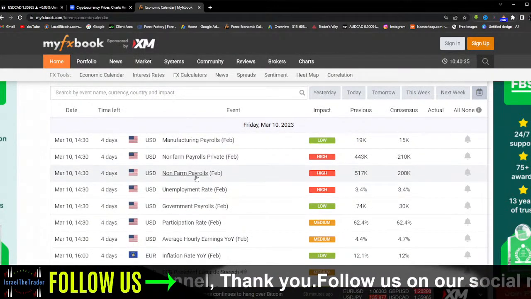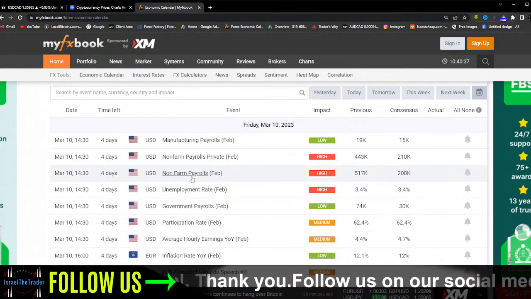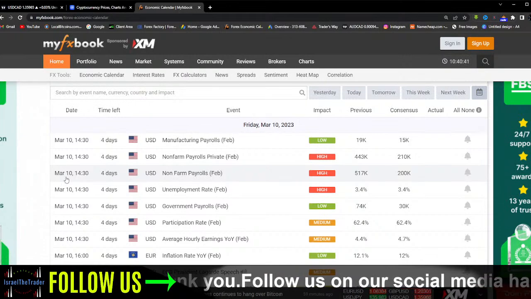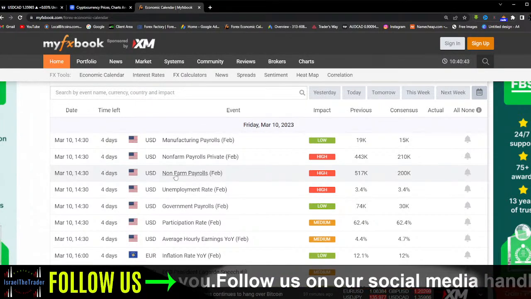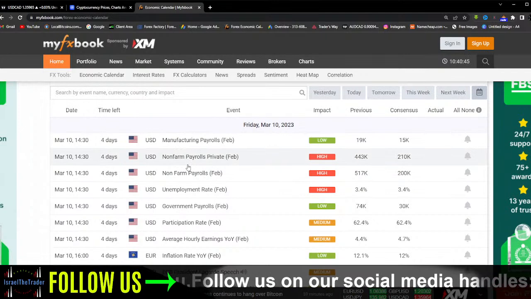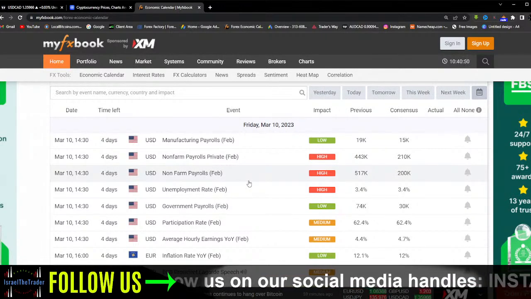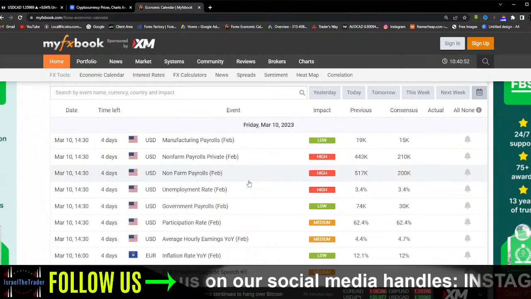Non-farm payroll. This is for February, and it is going to be on Friday, the 10th of March, in 4 days time. Oh my goodness, the market will be crazy, guys. We'll see what happens on that very day.